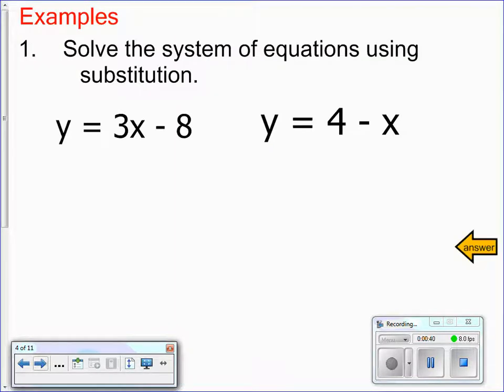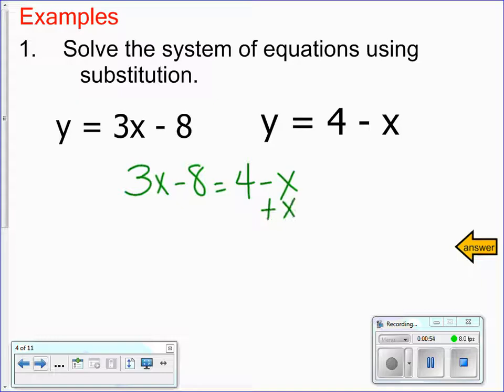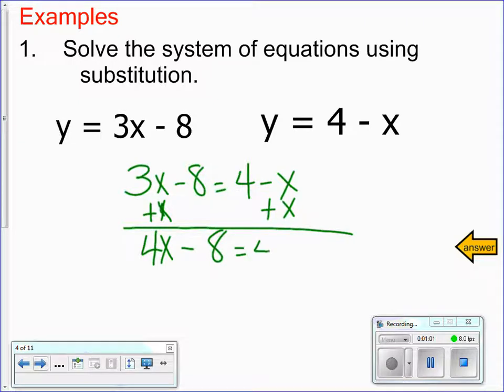So for example, we've got y equals 3x minus 8 and y equals 4 minus x. Since they both equal y, they equal each other. So we'll set them equal to each other. Add x to both sides, and that gets us 4x minus 8 equals 4.